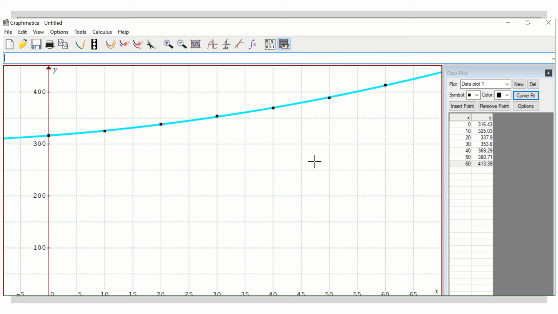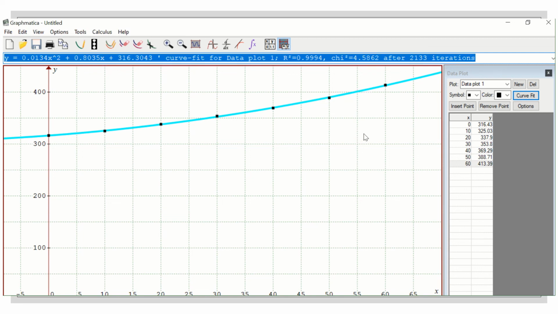So this is now the graph of the parabola, and to see the equation for this parabola, you have y is equal to 0.0134x squared plus 0.8035x plus 316.3043. And the value of r squared is 0.9994.